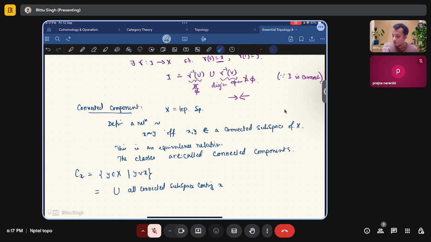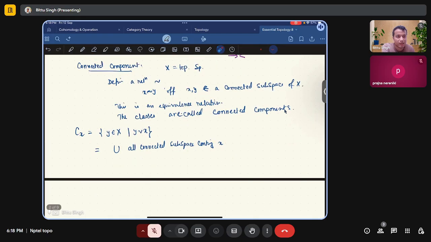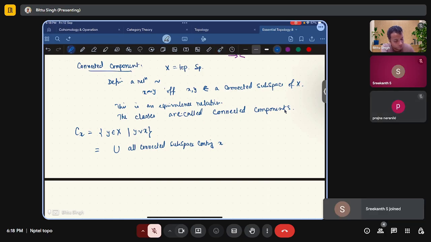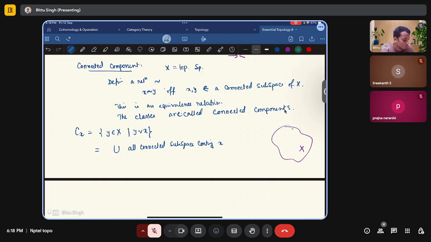So this is called connected components. From here, it is clear that X is broken into its connected components, right? Because for any equivalence relation, it gives a partition. So from here it is clear that X can be broken into some connected components.